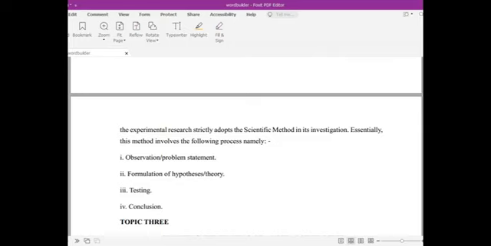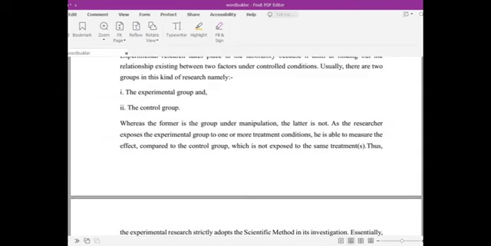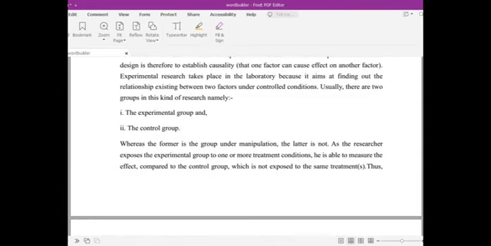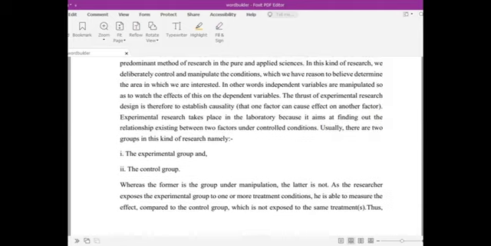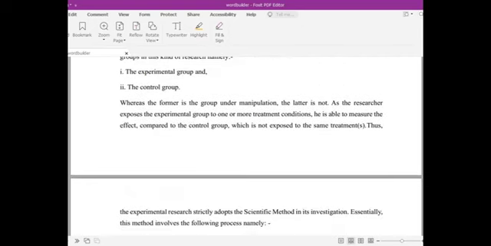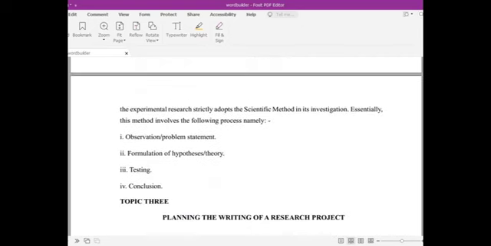Third, testing. Testing is done in the lab. That is where the experimental group and the control group come in. By then you would have collected your data, and then you begin to do your testing. It is how properly you do your test that will determine the results you get.